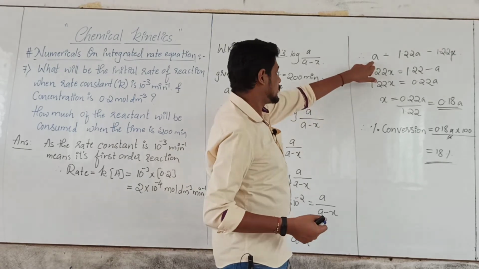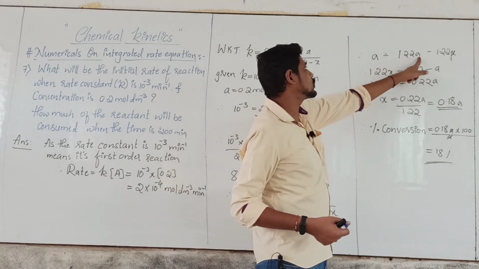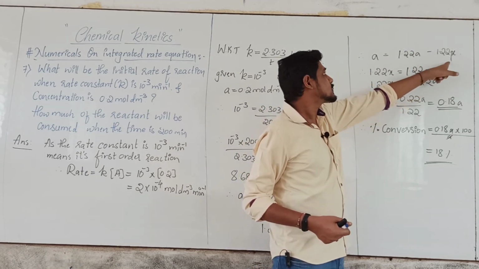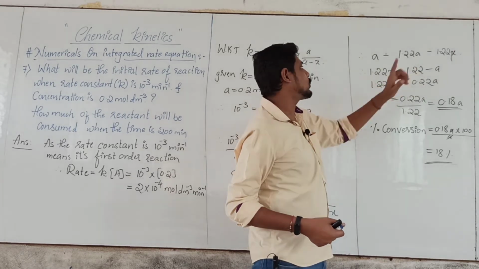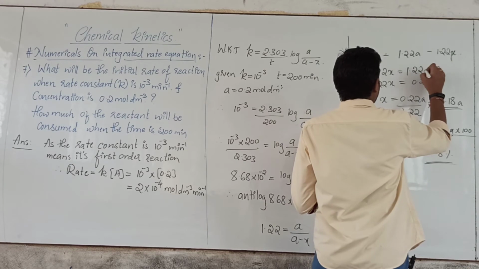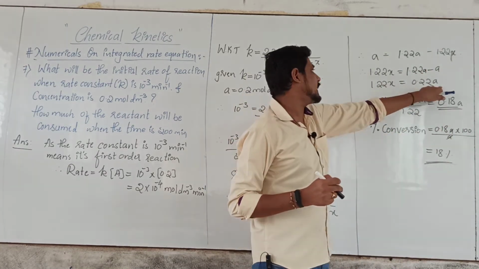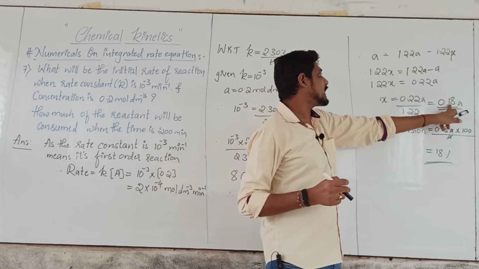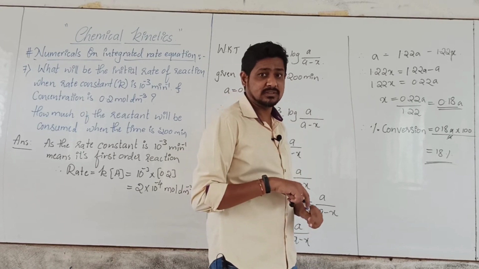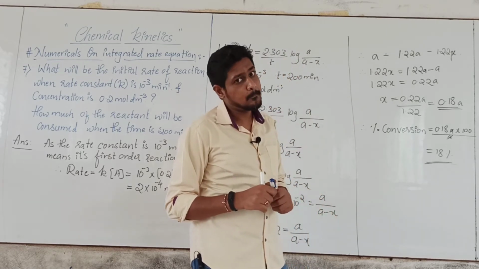Now this part comes to this side, so A is equal to 1.22 A minus 1.22 X. We have to calculate X, isn't it? So 1.22 X is equal to 1.22 A minus A, which comes as 0.22 A. So X is equal to 0.18 A, that is 0.18 of the initial concentration has been consumed when the time is 200 minutes.